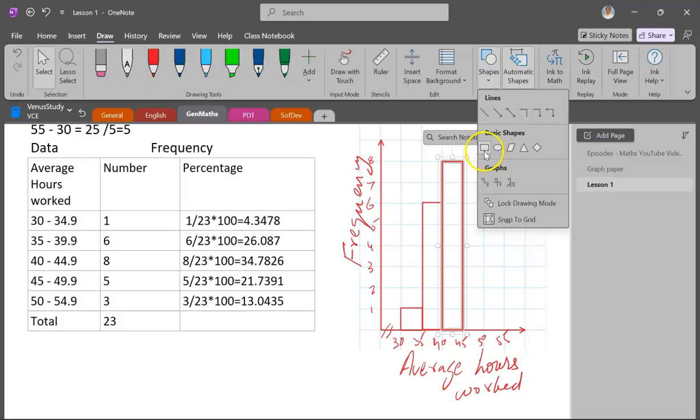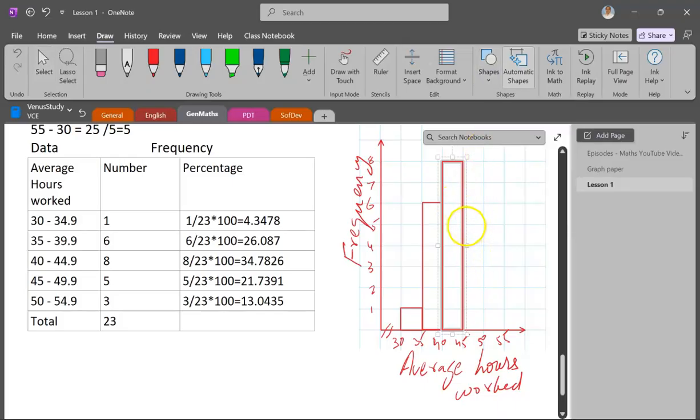Next one is 5. Let's go from this side. Always draws a little bit off. And we go right there. Okay. I think that is okay. Cool. And then the last one is 3. See right there. There you go. Enough.